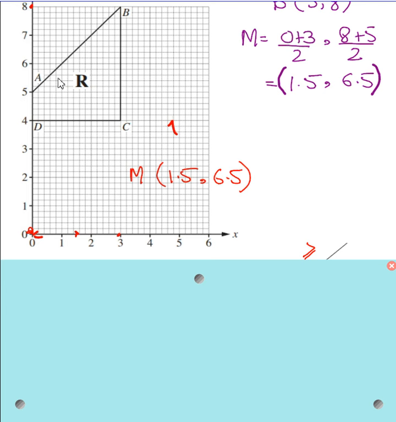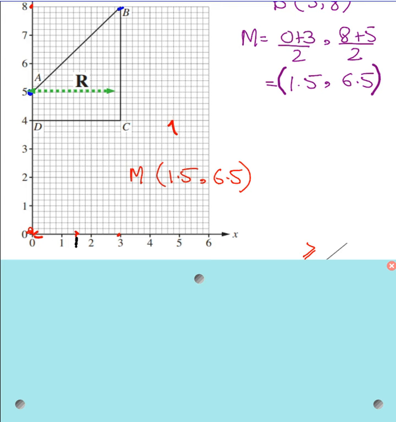But the quick way to do it is that you try to get the values from the graph. Now, if you see in this graph, this is your point A and this is your point B, right? So if I see the x coordinates, at this end it is 0 and at this end it is 3. So what is the mid value of 0 and 3? It is 1.5, right?